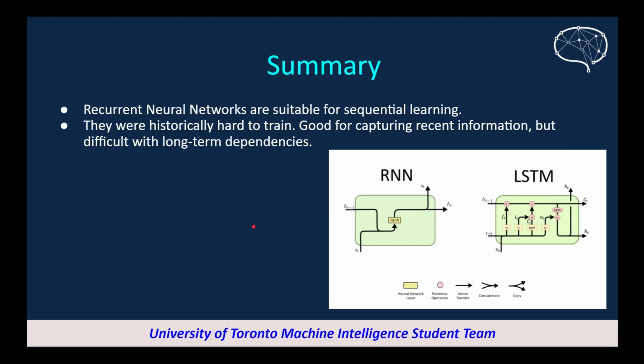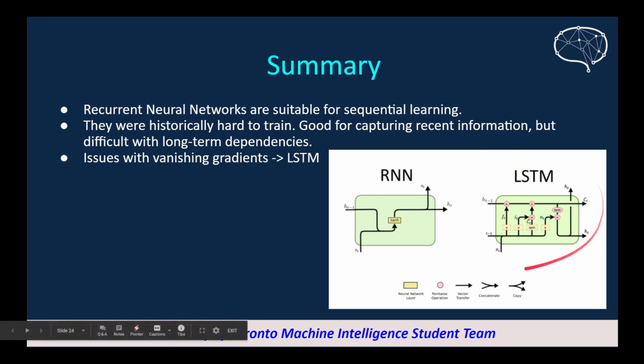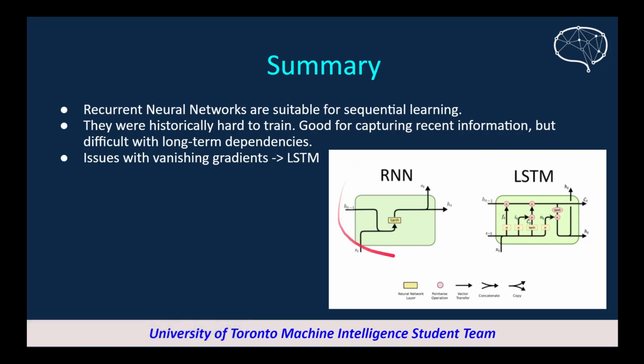They're good for capturing recent information, but difficult with long-term dependencies, as we described with the vanishing gradient previously. And to solve the problem of vanishing gradient, LSTM and GRUs were invented so that these layers can replace RNN so that the model is easier to train.